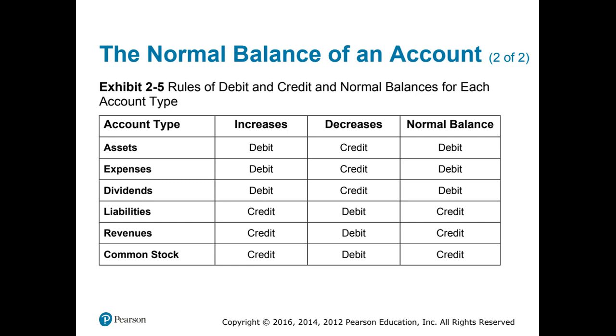So the normal balance for an expense account is a debit. Dividends increase with debits, decrease with credits. Normal balance is a debit. Liabilities increase with credit, decrease with debit. Normal balance is a credit. Revenues increase with credit, decrease with debit. Normal balance is credit. Common stock increases with credit, decreases with debit. Common stock's normal balance is a credit.